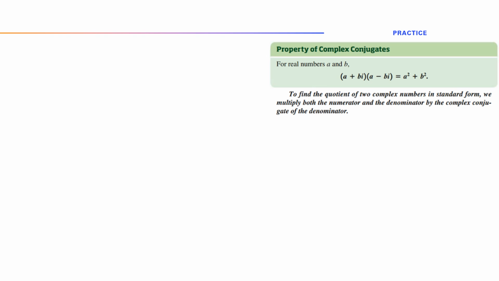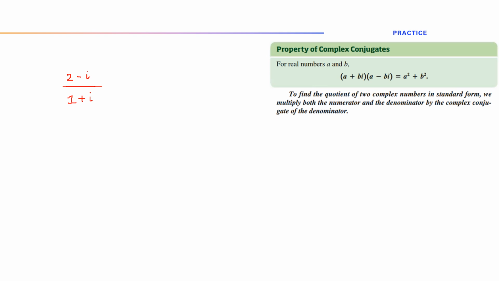Now we go to the quotients of two complex numbers. Let's see, I have 2 minus i over 1 plus i. That's easy. I want to make the quotient. And like we said, to find the quotient, we need the complex conjugate of the denominator.